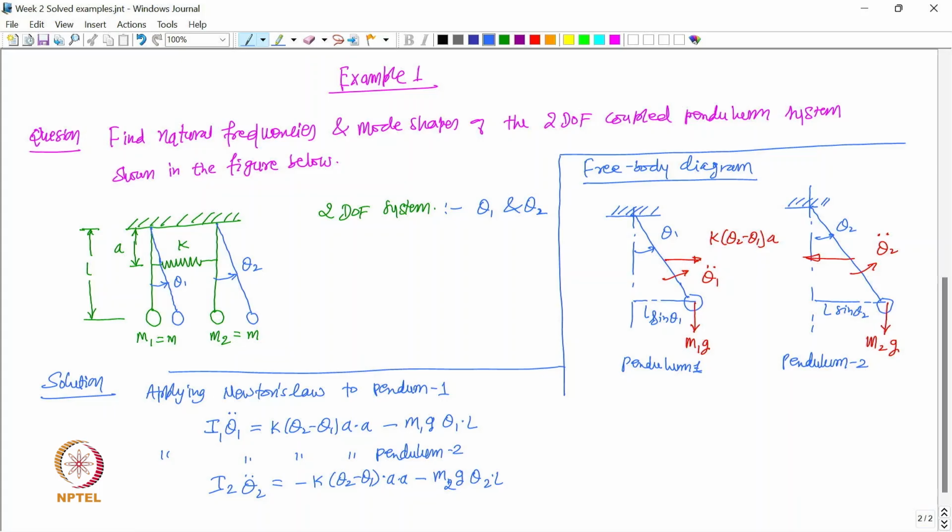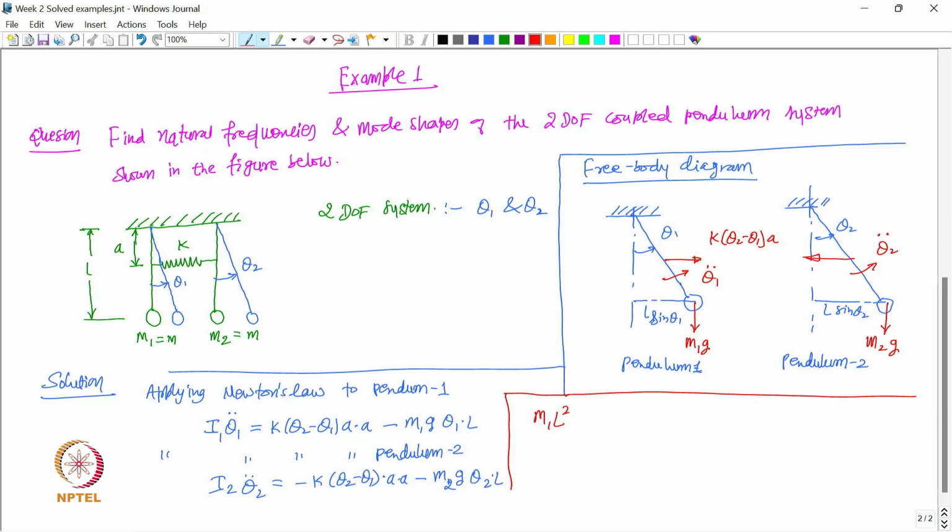So now let us further simplify this. I can simplify this equation here. So here I1 is essentially m1 L square, the moment of inertia of the bob of pendulum 1, whose mass is m1.